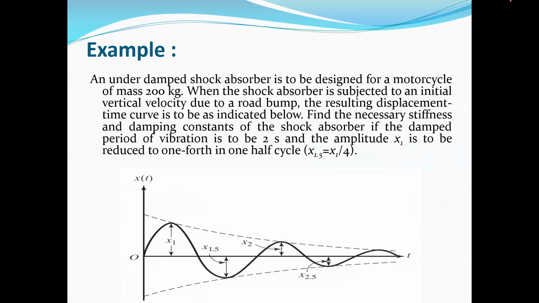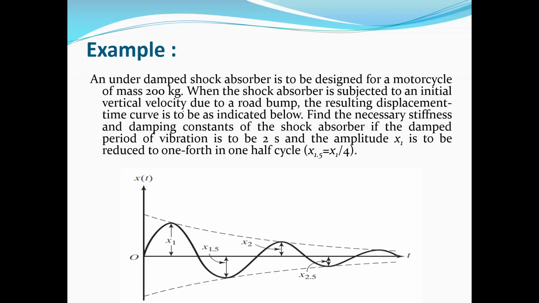Okay, we continue with one example. Here we have an underdamped shock absorber to be designed for a motorcycle of mass 200 kilograms. When the shock absorber is subjected to an initial vertical velocity due to a road bump, the resulting displacement-time curve is to be as indicated below.